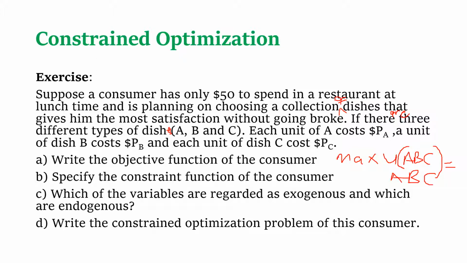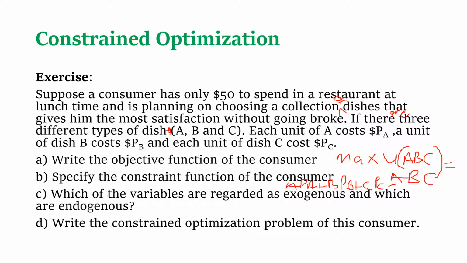So that means he's looking at how much he's going to spend on A, which is A·PA, plus B·PB, that is quantity times the price, plus C·PC.